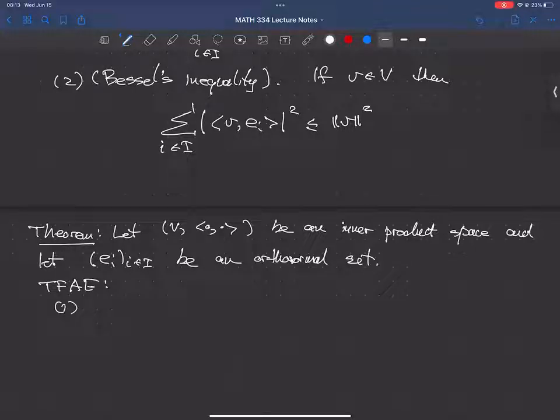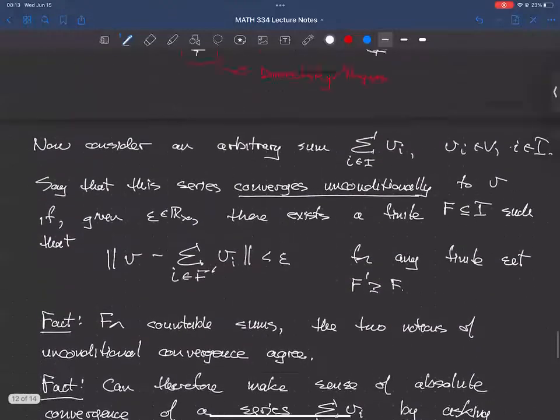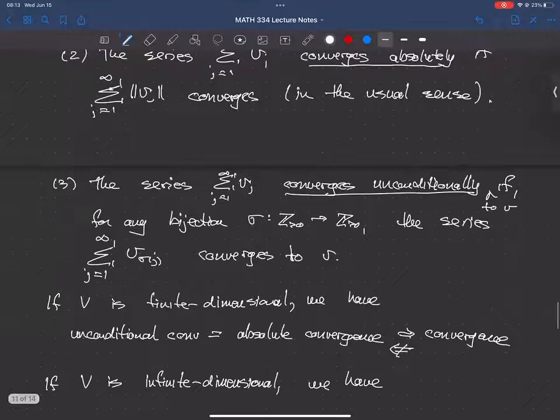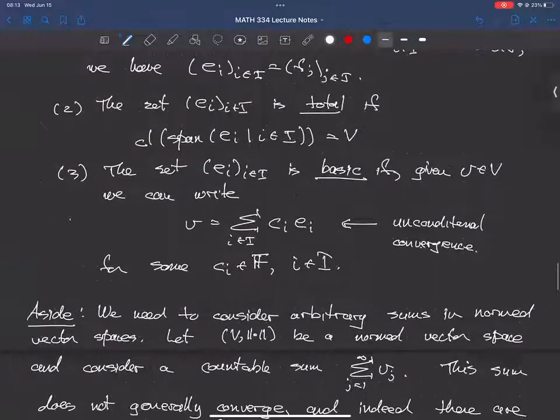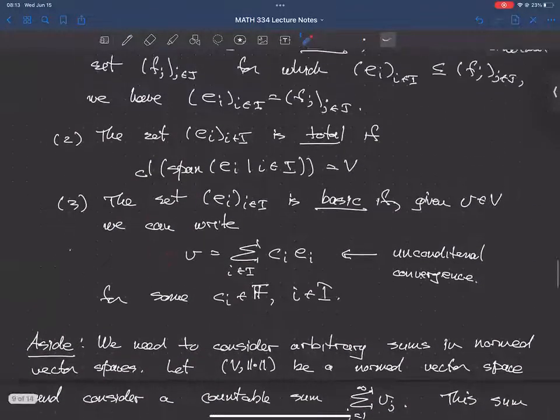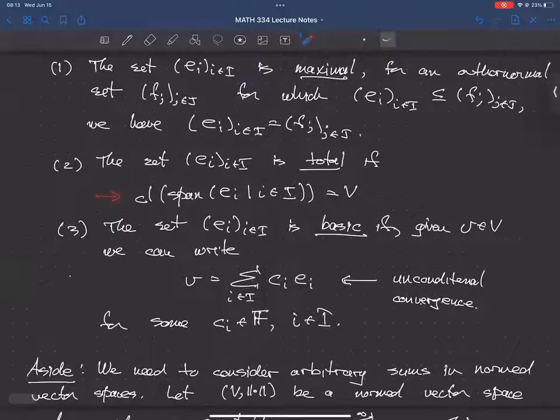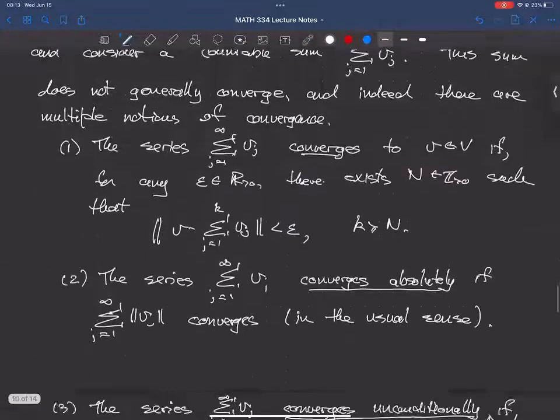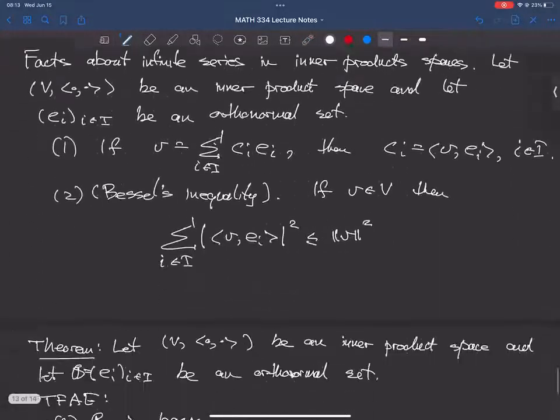Let me abbreviate this so I don't have to write that constantly. B is basic. B is total. Basic means, remember, that every vector can be written as an infinite linear sum like so. And total means that the closure of the subspace spanned by the e's is V. So those things are equivalent, and there are other things that are equivalent too.